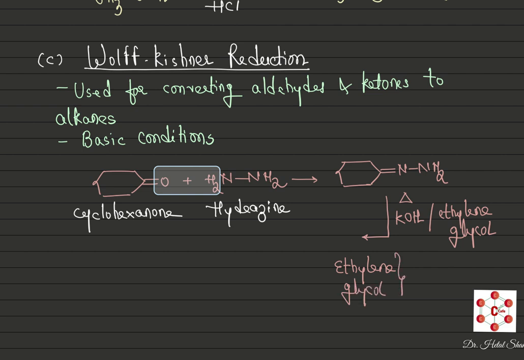The structure is ethane-1,2-diol. It's an alcohol. So there is loss of N2. We get cyclohexane plus N2.